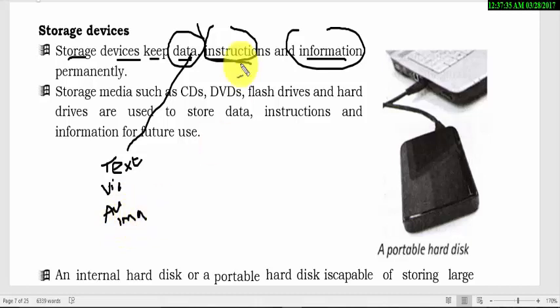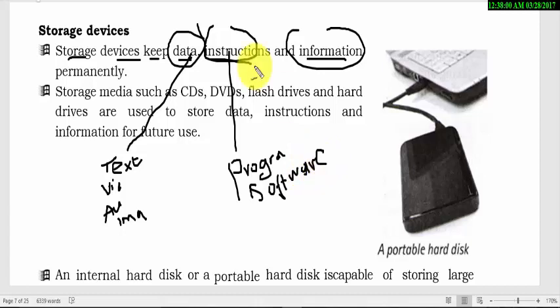Now when we say instructions, these are programs. An instruction is a program, or in this case software. A software is called an instruction because it tells the computer what to do.